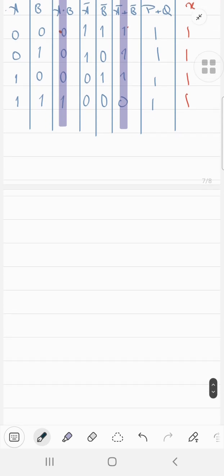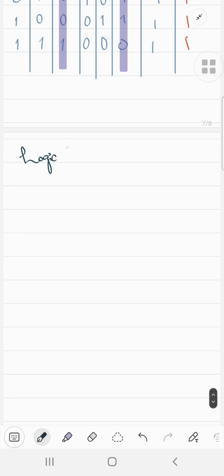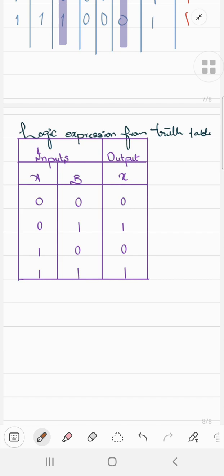Okay, the next thing that we are learning here is how to make a logic expression from a truth table. So this is the truth table that we have.